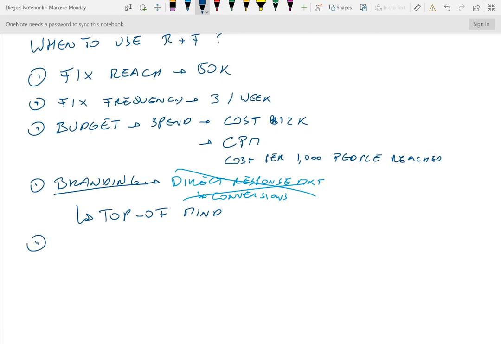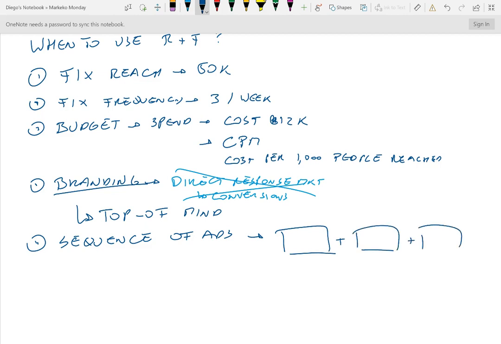The other example or situation where you're looking to use reach and frequency is when I'm looking to launch a sequence of ads. For example, I want to say, well, yes, we're reaching 50,000 people, but I have three videos that I want to show people. I want to show the first one. The moment they see the first video, show them the second one. The moment they see the second one, show them the third one.